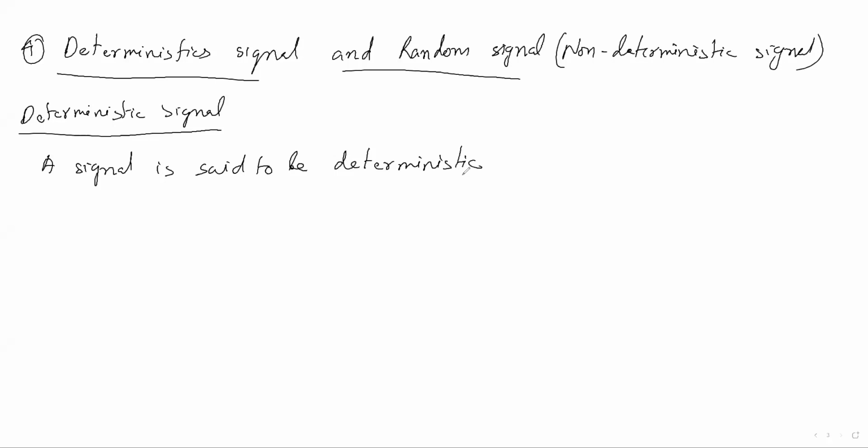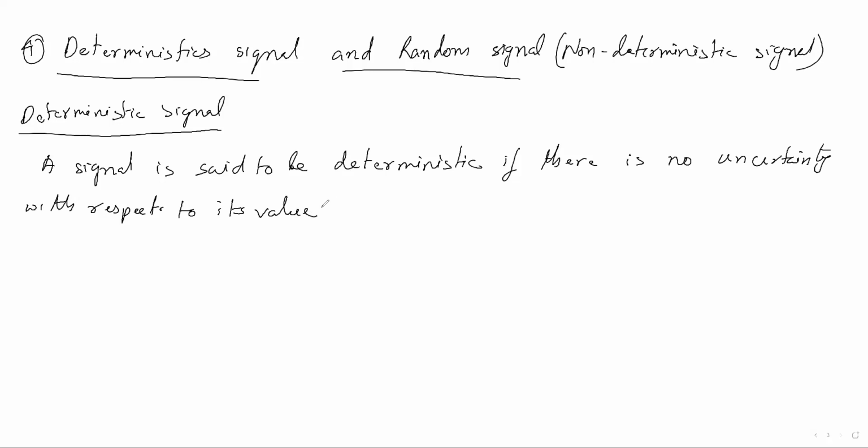The name has come from that: determined means we can assume the amplitude values after 100 seconds or 200 seconds. When I give the example, I will explain why this name has come. A signal is said to be deterministic if there is no uncertainty with respect to its value at any instant of time.